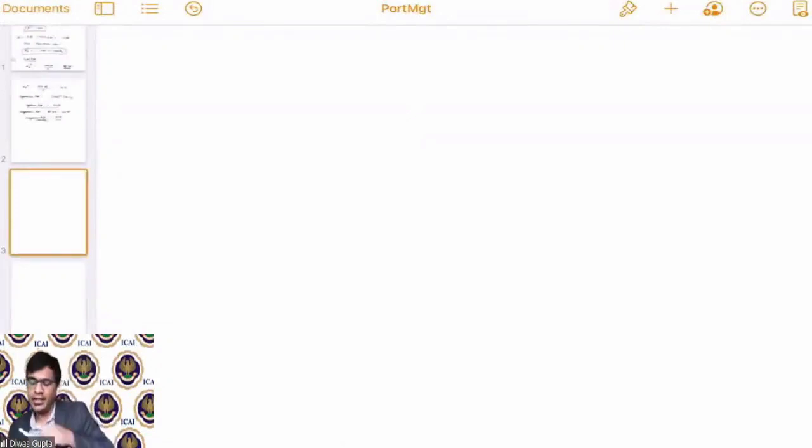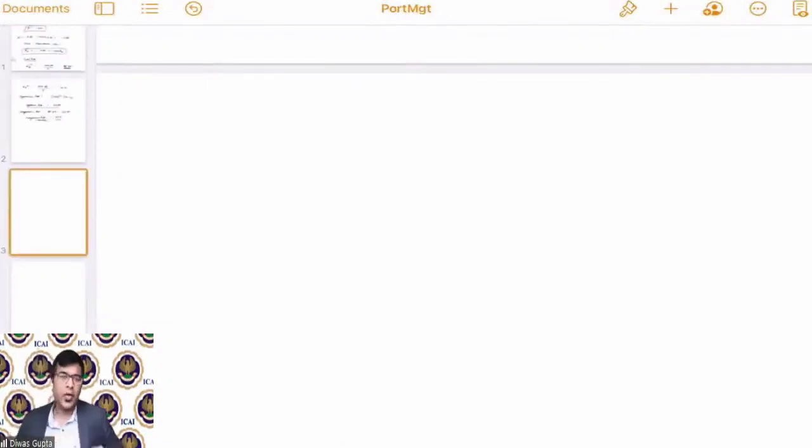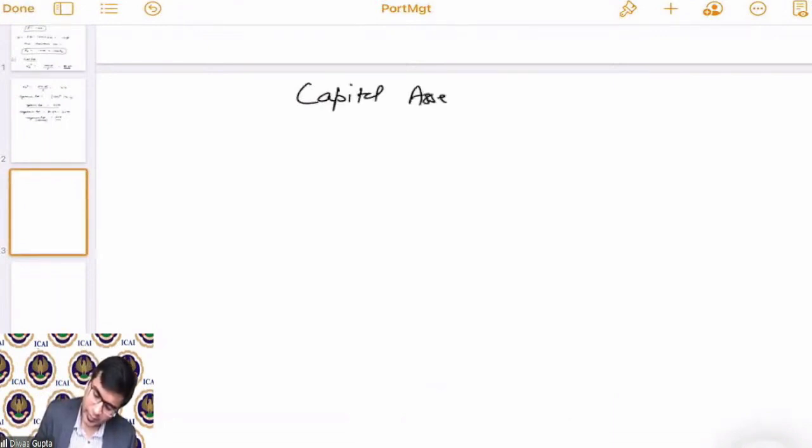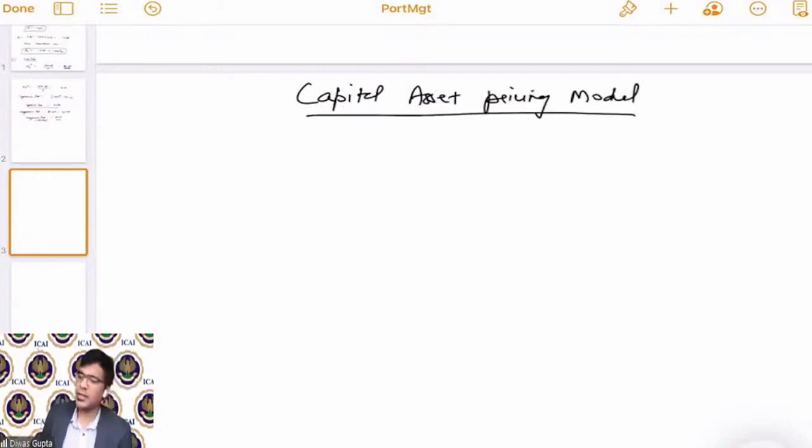Very easy and very, I think all of you would have studied earlier this thing, which is the capital asset pricing model. Which is also called as CAPM.